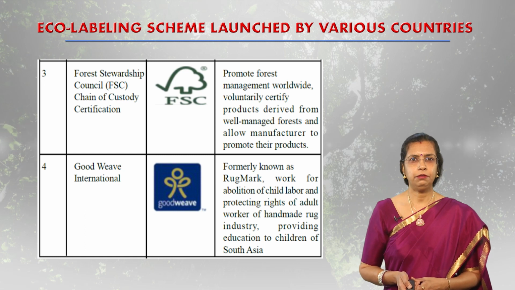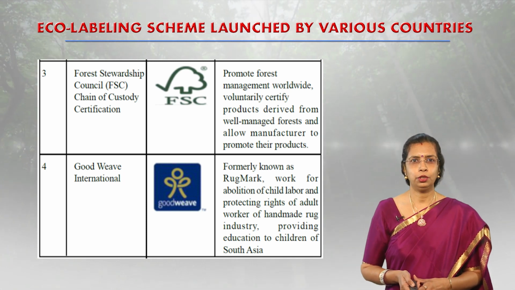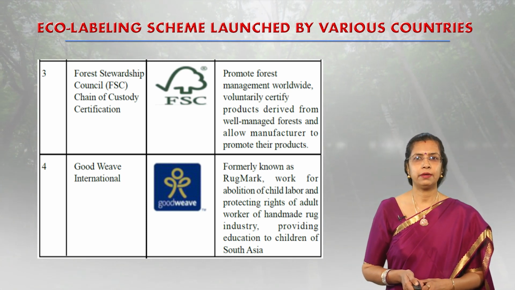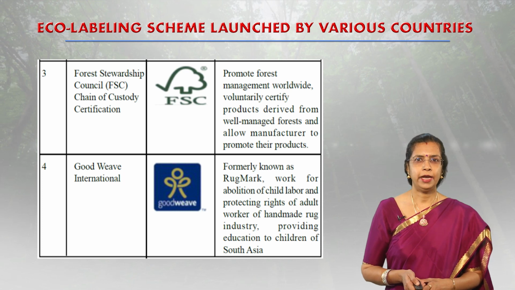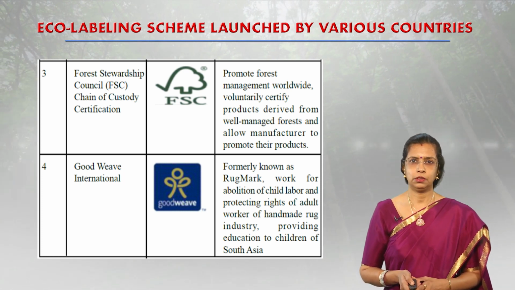Then we have GoodWeave International, you can see their logo. This was formerly known as the RugMark, and they work for the abolition of child labor and protecting the rights of adult workers of the handmade rug industry, providing education to the children of South Asia.